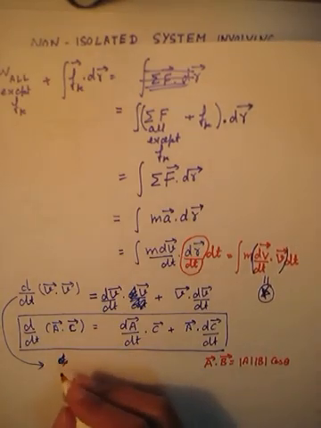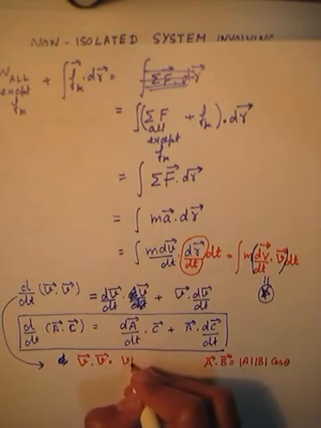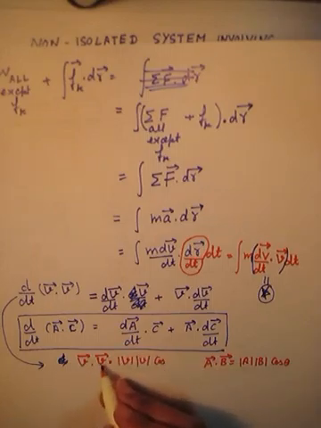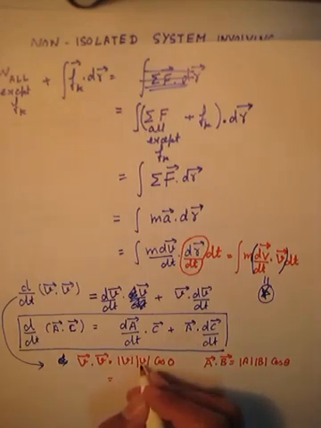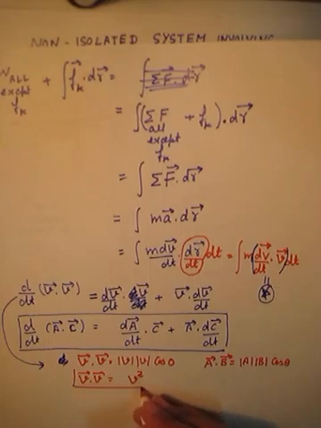In a similar manner, v vector dot v vector will be v magnitude, v magnitude, and cosine of, now they're the same, so cosine of 0. Cosine of 0 will mean 1. V magnitude means V, so it will be V square. So v vector dot v vector will be equal to V square.